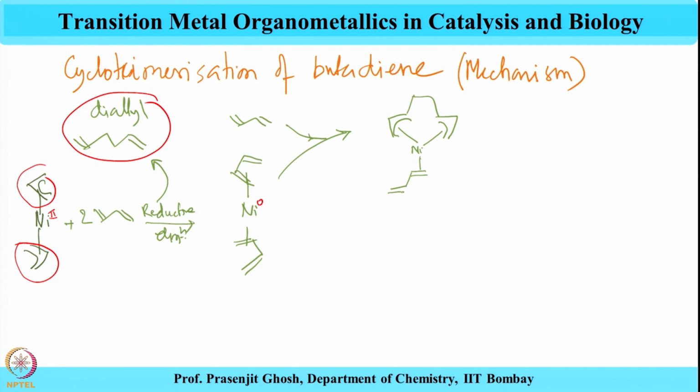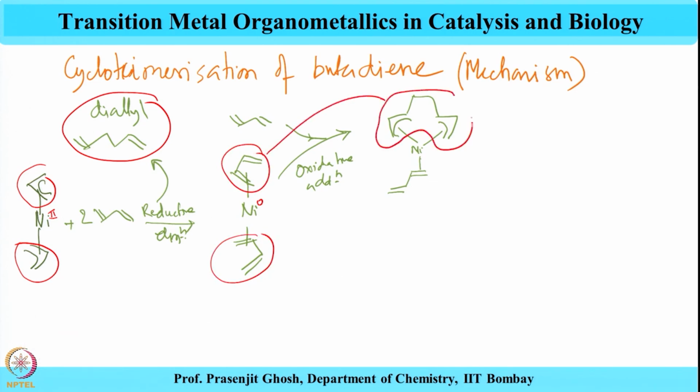Now, this is the oxidative addition reaction of 2 butadiene moiety to form this bis allyl ligand, and the oxidation state of the nickel has become nickel 2 as a result of this oxidative addition reaction.